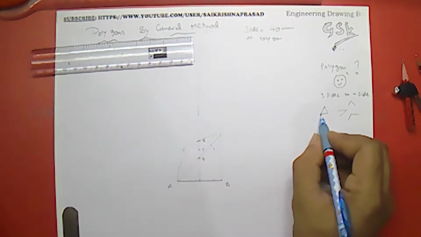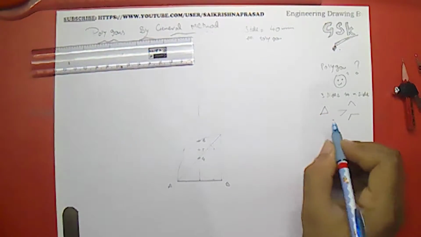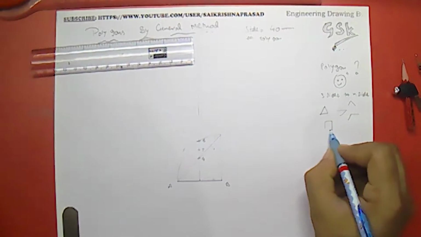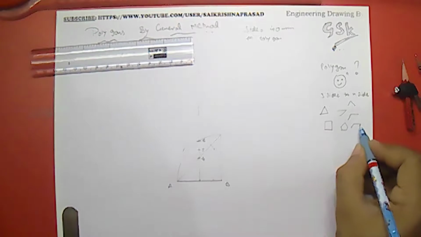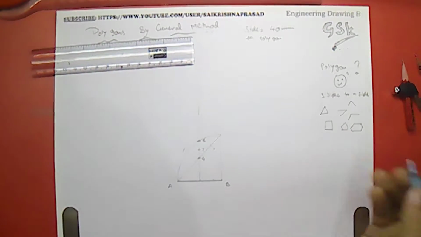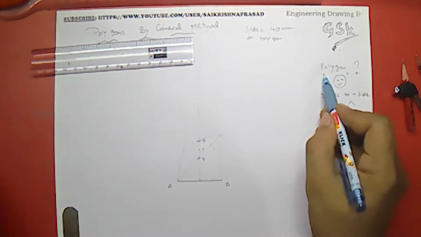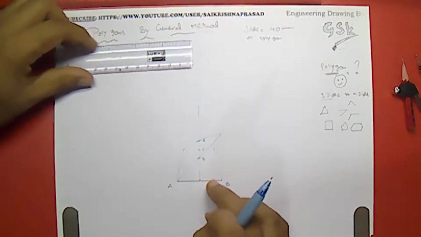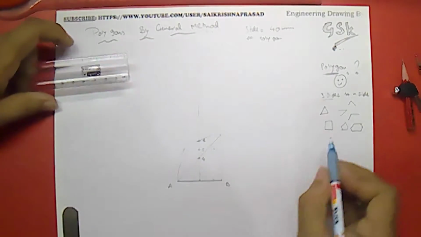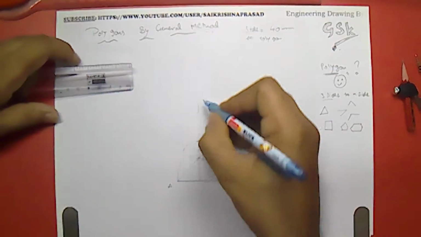But with 3 sides you can form a triangle. 4 sides, square or quadrilateral. 5 sides, pentagon. 6 sides, hexagon, heptagon, octagon, nonagon, decagon, and so on. Polygon is a closed structure formed with the sides, right? So here also we are starting with 3 sides, 3 to n.